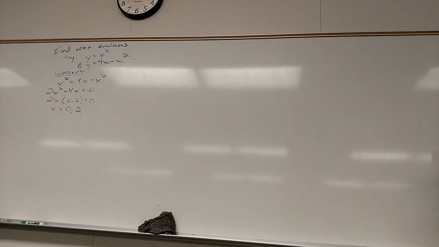So the next big thing to figure out, what's the next most important thing about this interval? Which one's going to be underneath and which is going to be on top? That's going to determine which way to subtract, right?